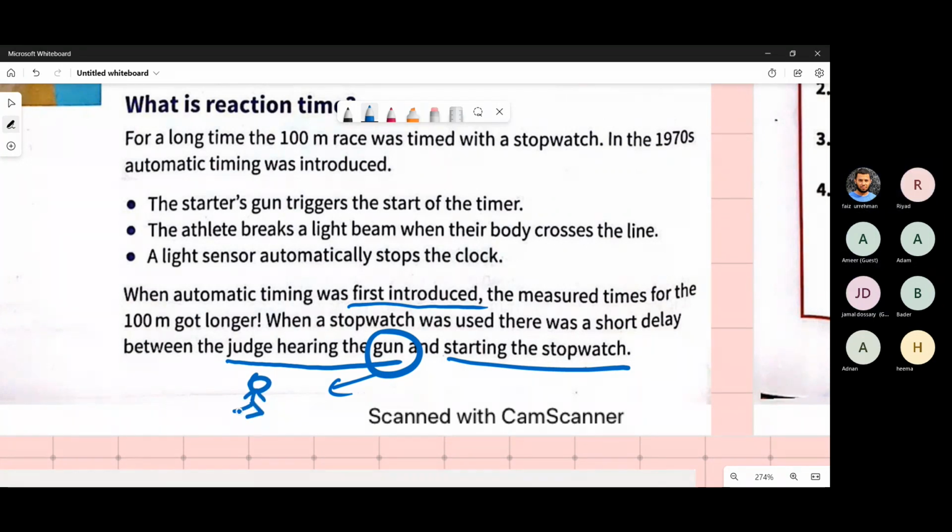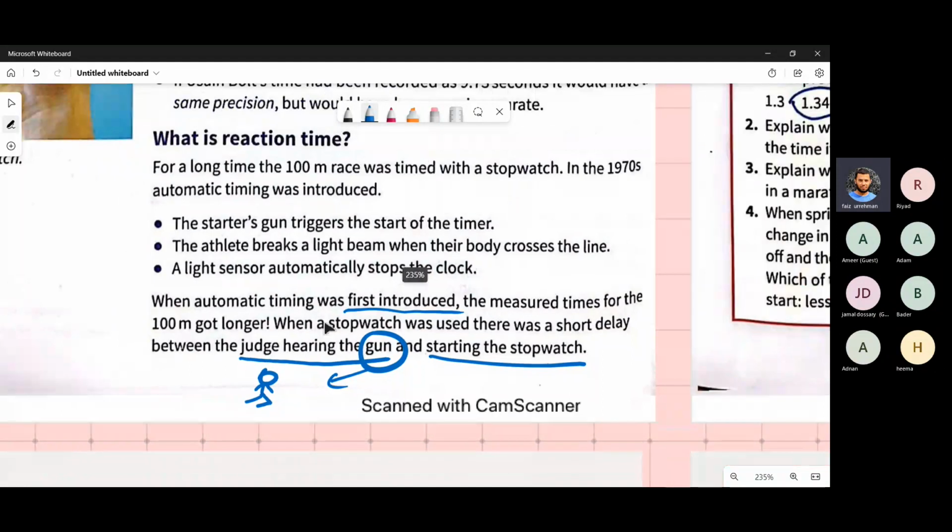The judge also has a delay. When the judge hears the gun, he clicks the stopwatch in approximately 0.2 seconds.